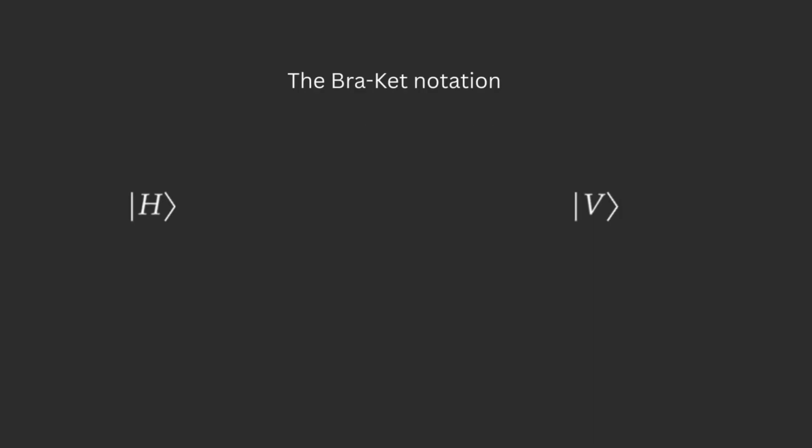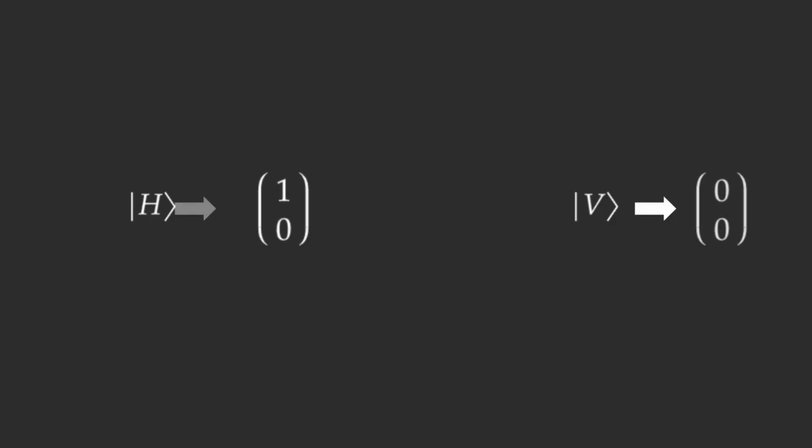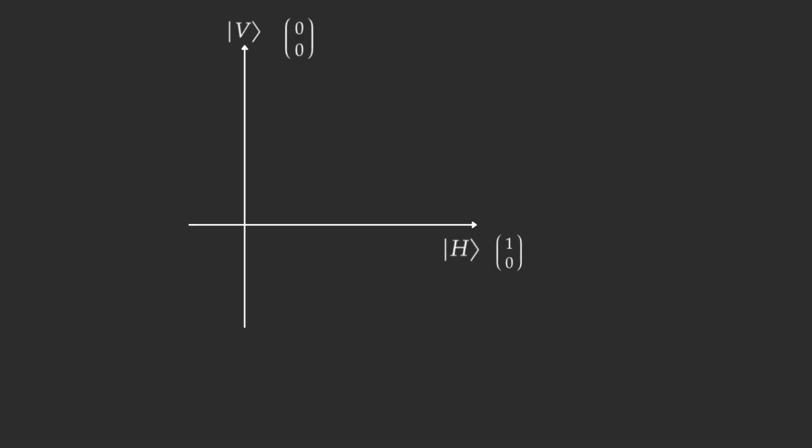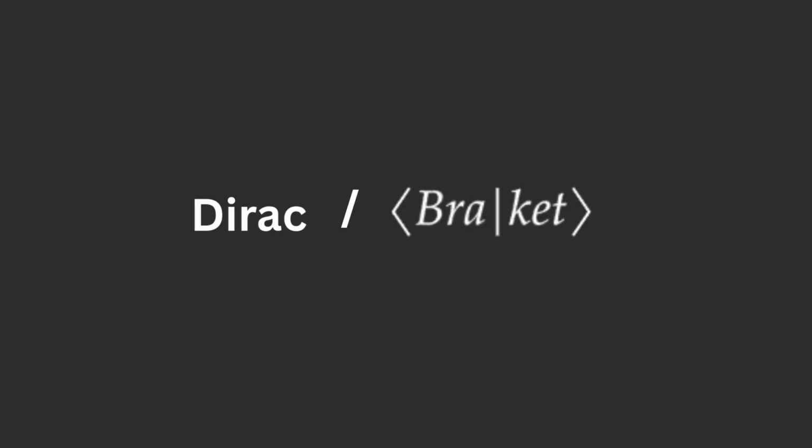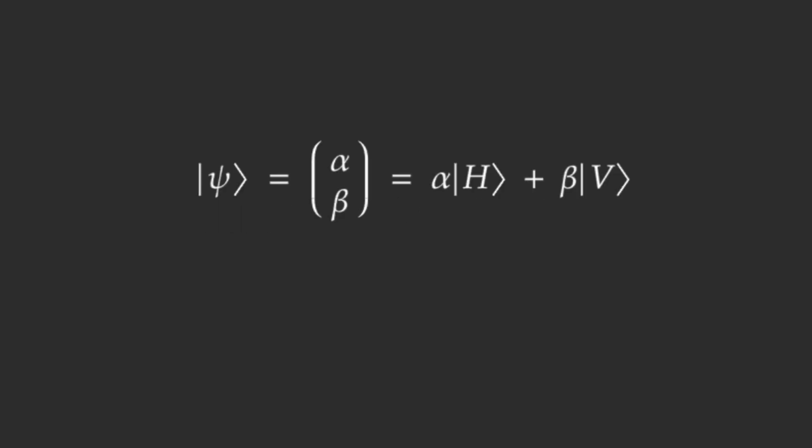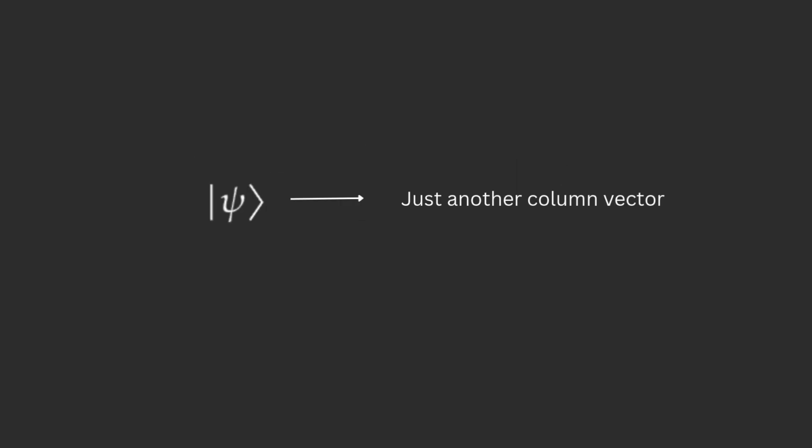Before we move on, let's discuss the notation that we have been using, like these on the screen for the horizontal and vertical polarization states. But what do these symbols really mean? To describe quantum states properly, physicists use what's called Dirac notation, or bracket notation. A ket like phi here is just a column vector.